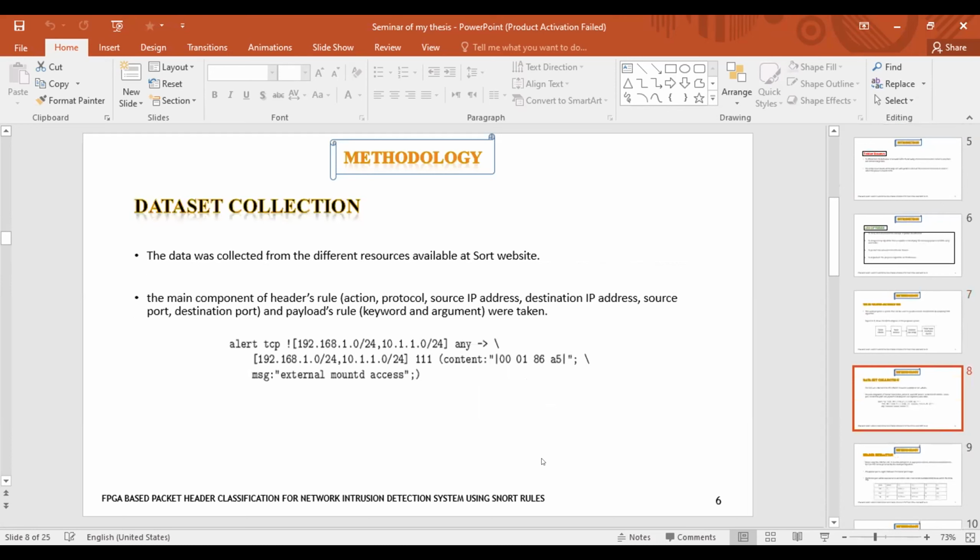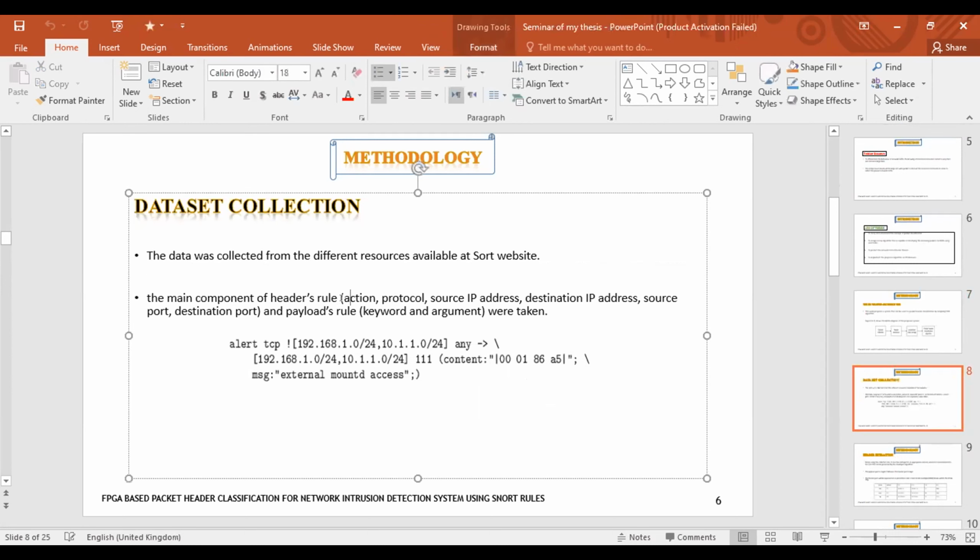So first of all, the dataset is collected from different resources available at the Snort website. We will focus on just the components of the header rules, which are action, protocol, source IP, destination IP, and so on.